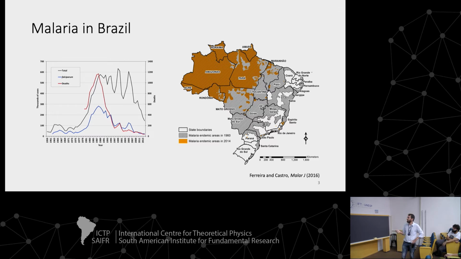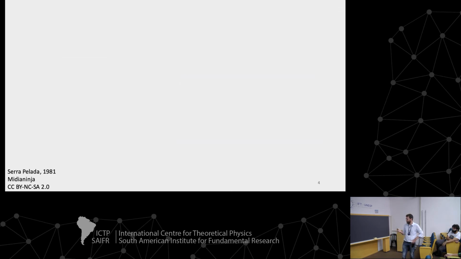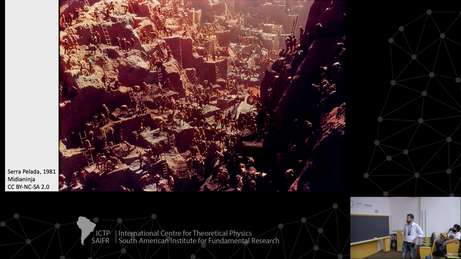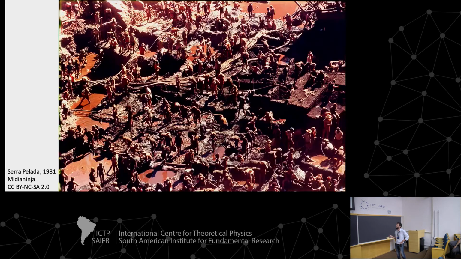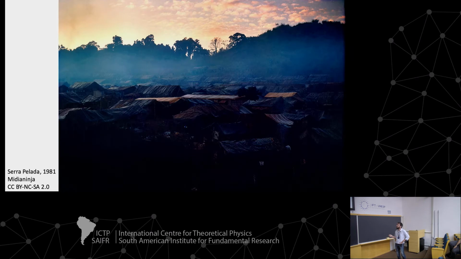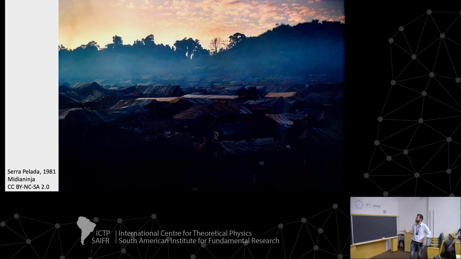This sharp peak here is mainly related to two main things. Gold mining in the area of Amazon. Here we have Serra Pelada. So a lot of people from the south moved to the north for gold mining. We have some pictures, with very bad house conditions, which spread a lot of malaria in the area.